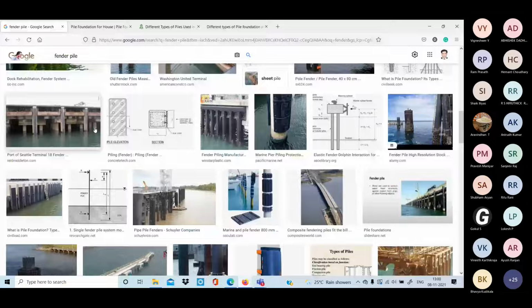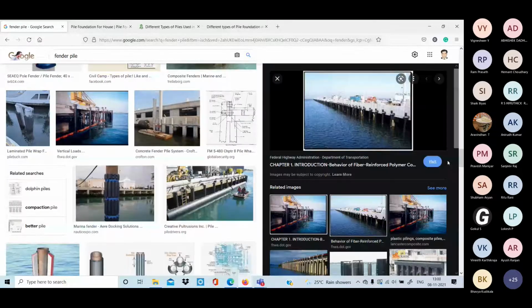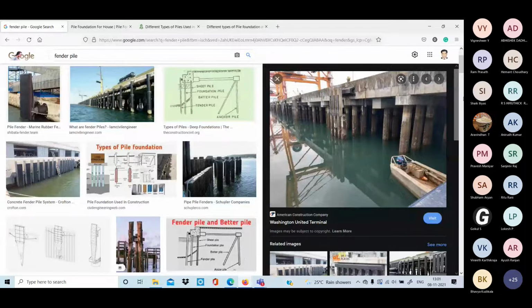They are generally used for loading and unloading. If you visit some offshore structure or some ports, there you will see this kind of piles, fender piles and other piles. Here, loading and unloading of ships takes place, so these are called fender piles.